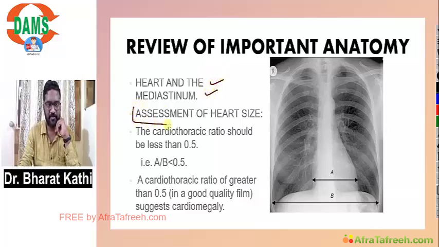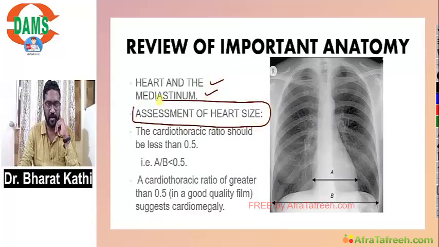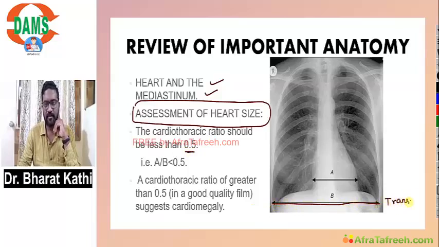So what is the standard way of assessment of the heart shadow? The cardiothoracic ratio should be less than 0.5. So what you have to do is, at the level of the CP angles, you draw a line. So this is called the transthoracic diameter.